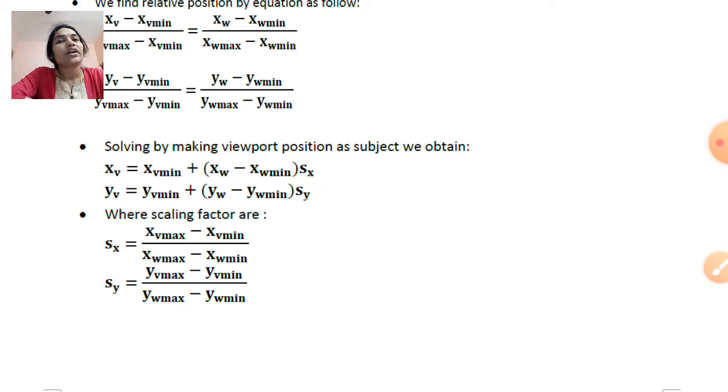In this way sy is also: sy equals (yv max minus yv min) by (yw max minus yw min).